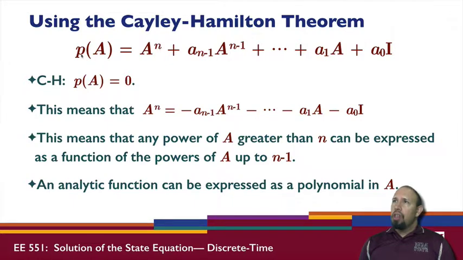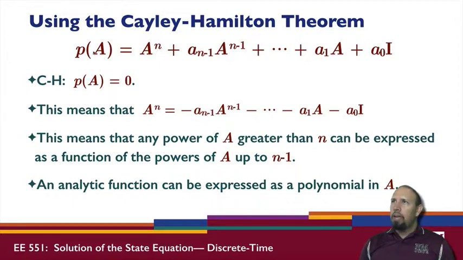In general, for an nth order system, it'll be an nth order polynomial. And so that polynomial, if we now plug in the matrix A instead of s, then this is what we get. Notice the constant term is actually multiplied by A to the power 0, which is the identity matrix.